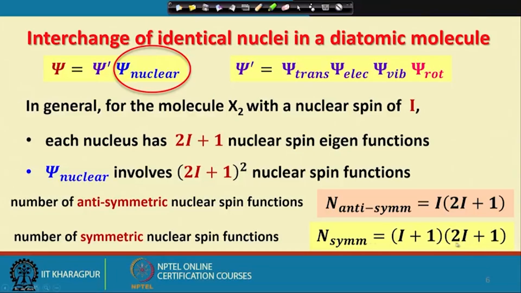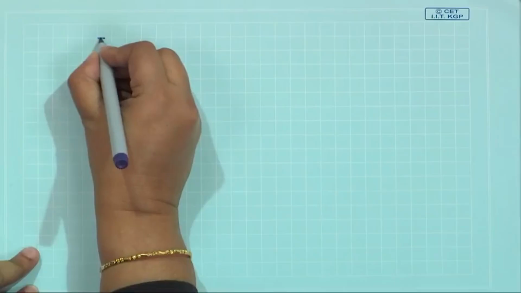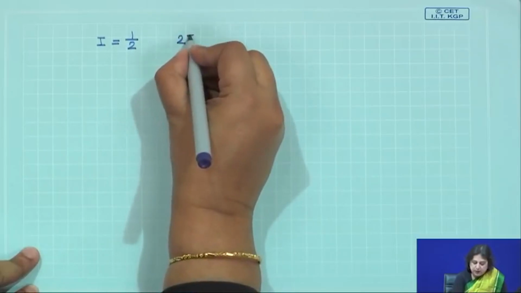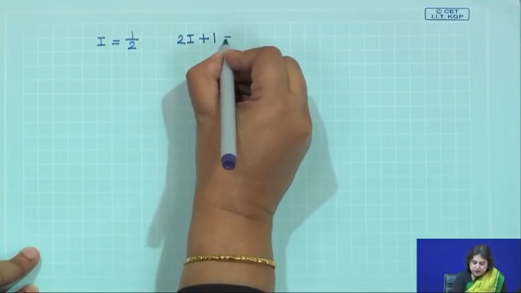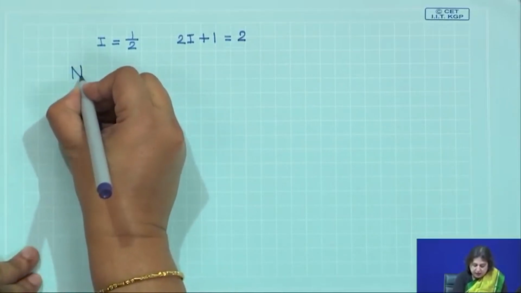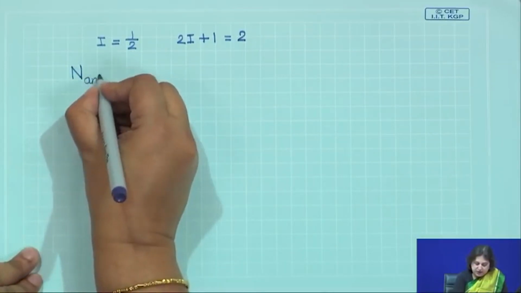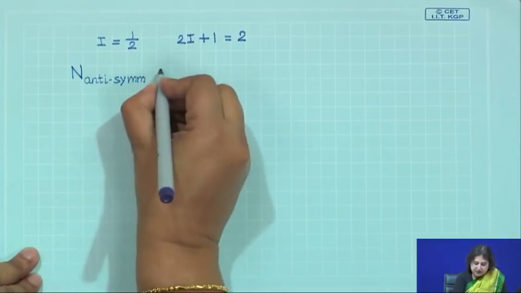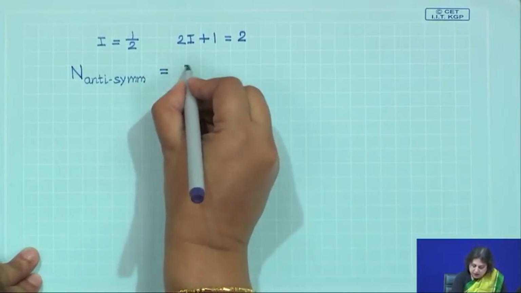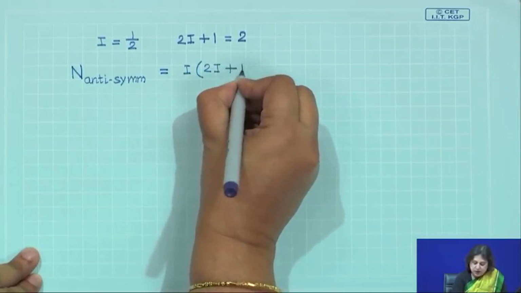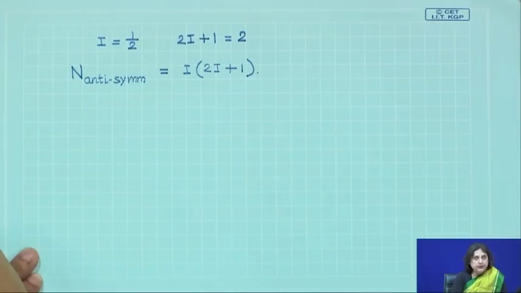Now, let us check if we have done things correctly here. In the case of hydrogen, I is equal to half, so 2I plus 1 is equal to 2. I am interested in finding the number of antisymmetric nuclear spin functions in the case of hydrogen. What I have written down, without proving it, is that this number is equal to I into 2I plus 1.